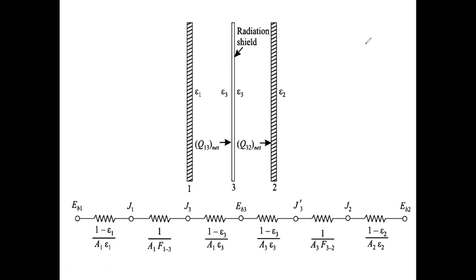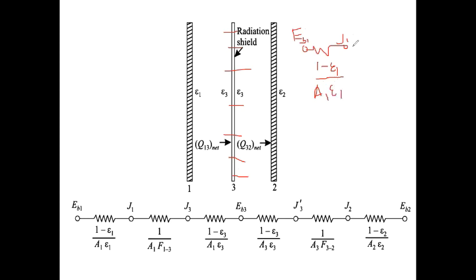Suppose there is no radiation shield. In the electrical analogy, we go from EB1 to J1 with surface resistance (1 minus epsilon 1) divided by A1 epsilon 1.